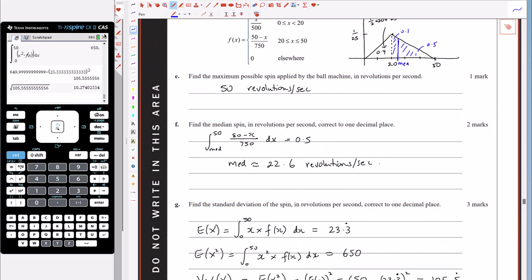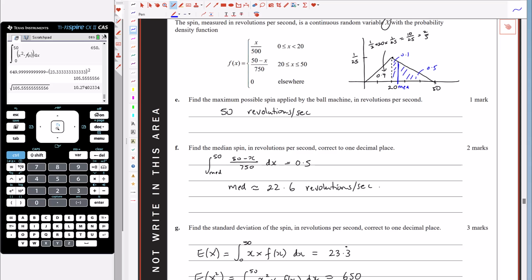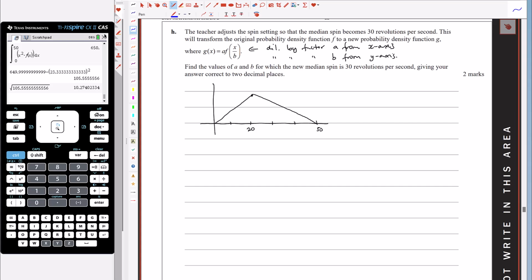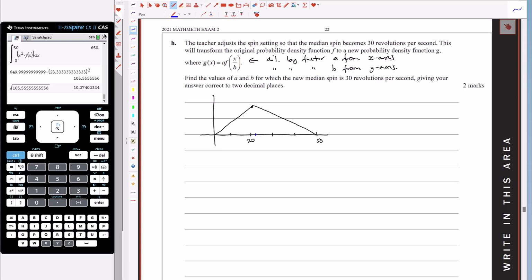What was it? 22.6. Sorry. Okay, so it's kind of there. And what we want to do is change it so the median is 30.